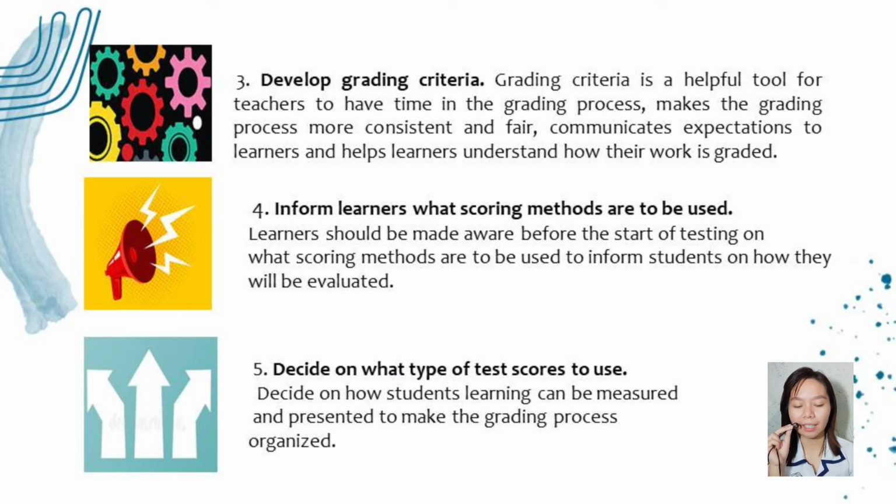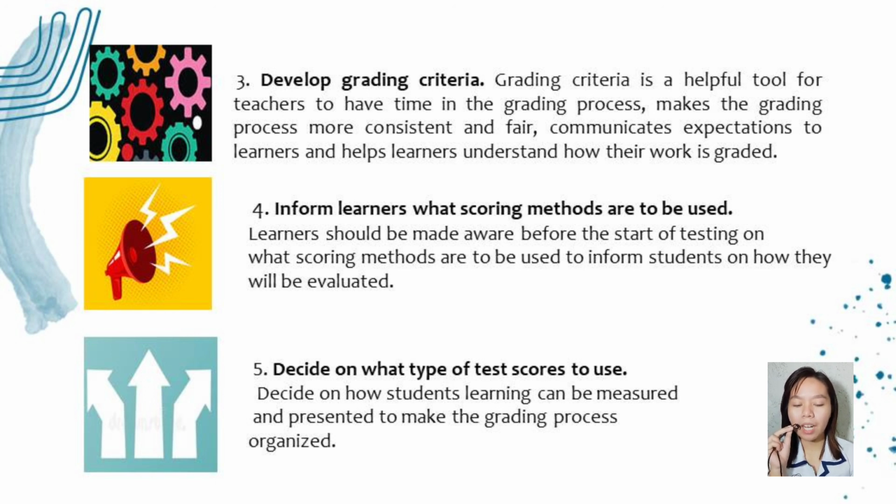Number 3, develop. Develop grading criteria. Grading criteria is a helpful tool for teachers to save time in the grading process, makes the grading process more consistent and fair, communicates expectation to learners, and helps learners understand how their work is graded. Number 4 is to inform. Inform learners what scoring methods are to be used.